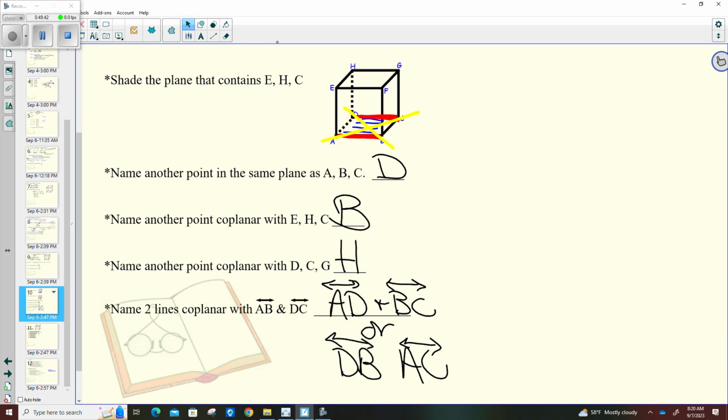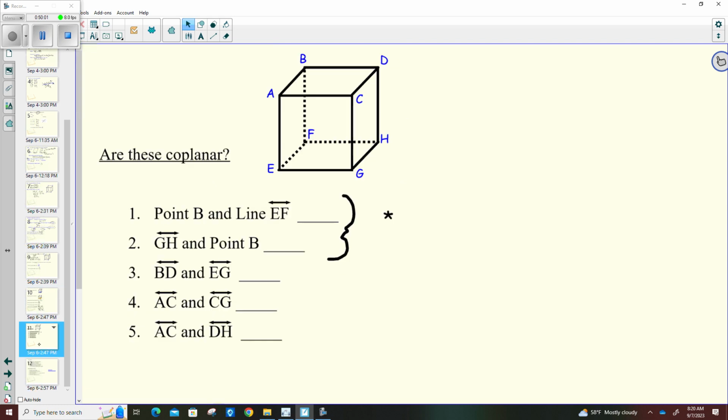Good? All right, we're almost done, kiddos. 1 page left. All right, I want to know if they're coplanar, point B and line EF.